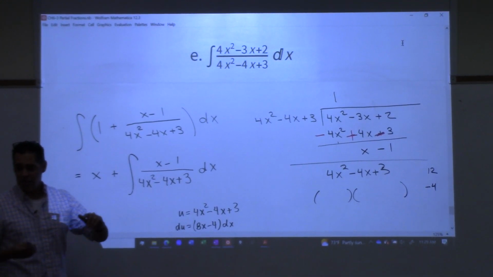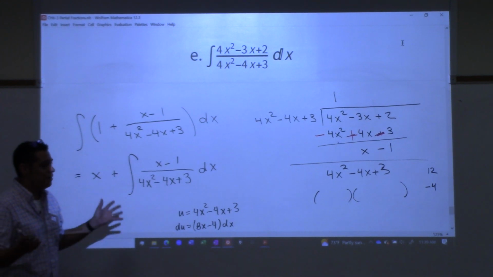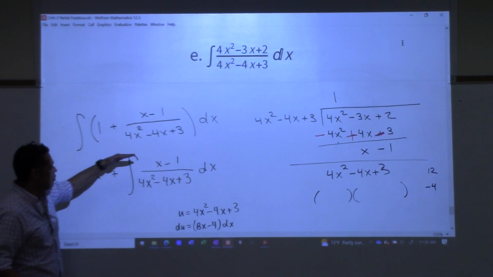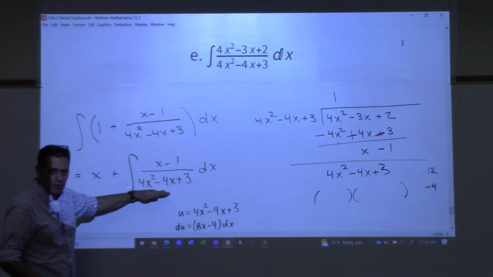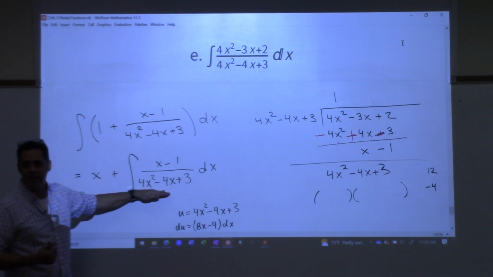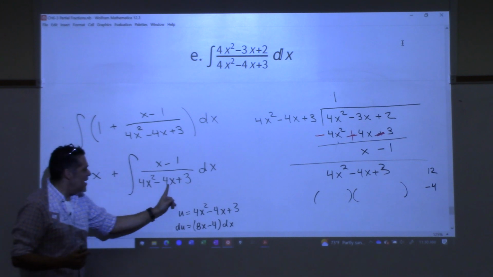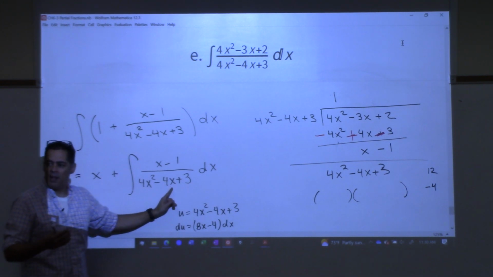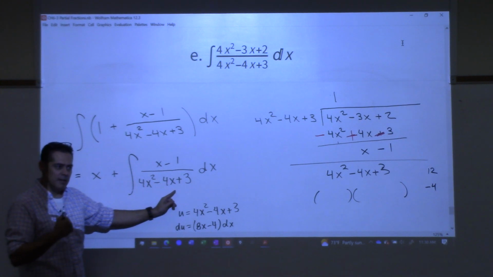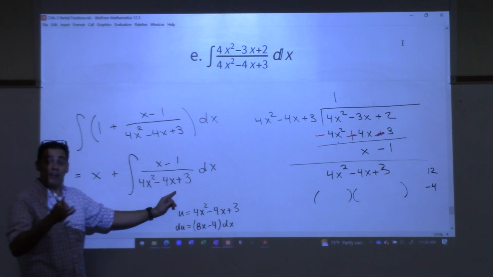At the beginning of the section, go look in your notes. One of the things we looked at was, what do you do when you have a linear expression over an irreducible quadratic? That's exactly what we have here, and this has an x term in it. This is the one where I said I like to do it a certain way, and tutors might do it a different way. There's a reason I showed you all that.